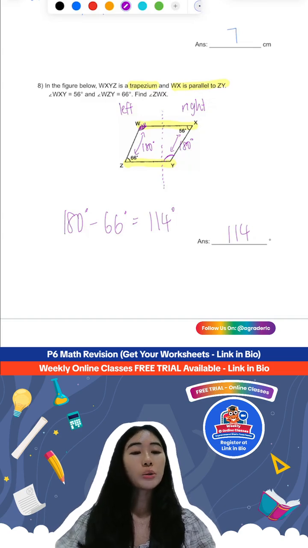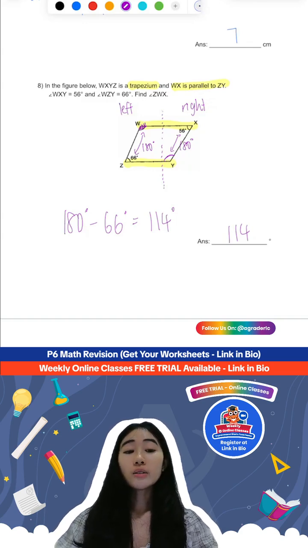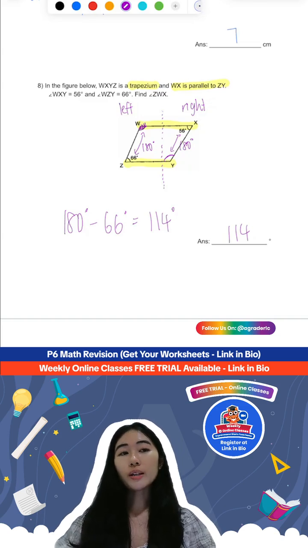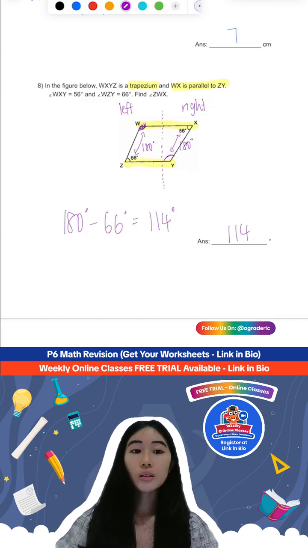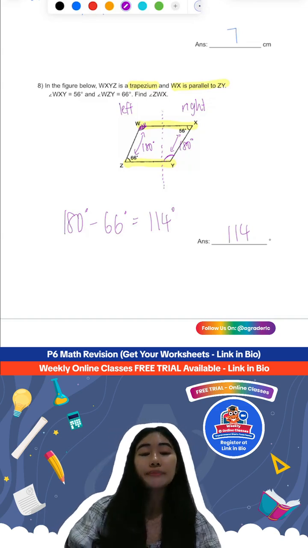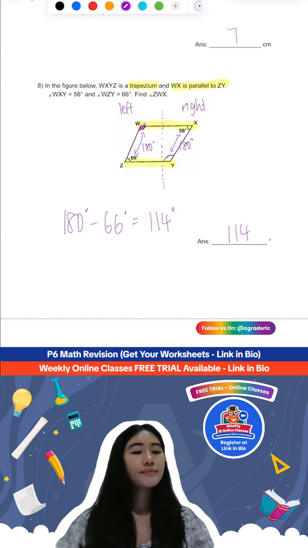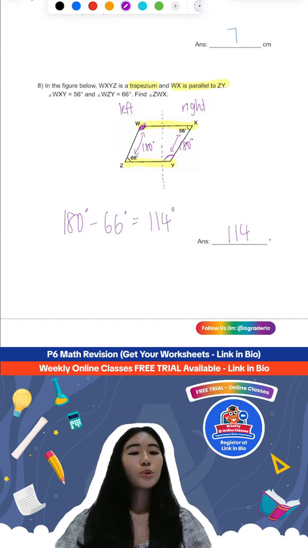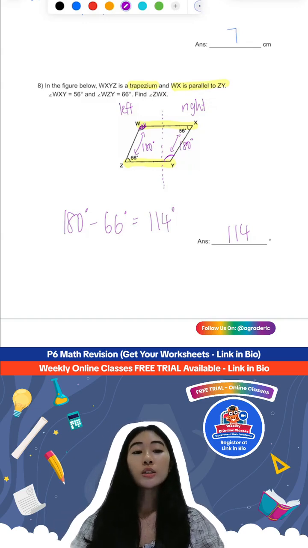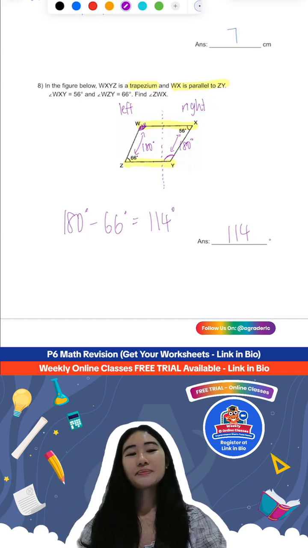Okay, Foxy, you're going to learn speed soon, is it? If you're P6 this year, I think your batch will be the last batch that will be learning speed. If I'm not wrong, next year onwards they will remove speed as a topic. So you might be the last batch of students who still needs to learn speed.